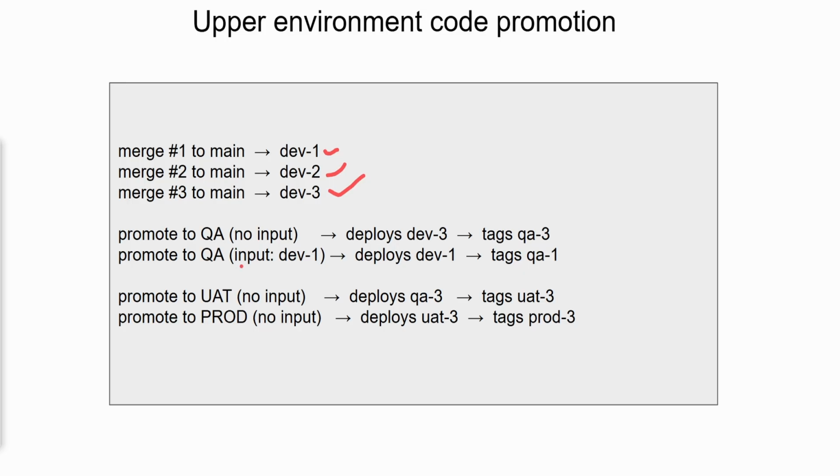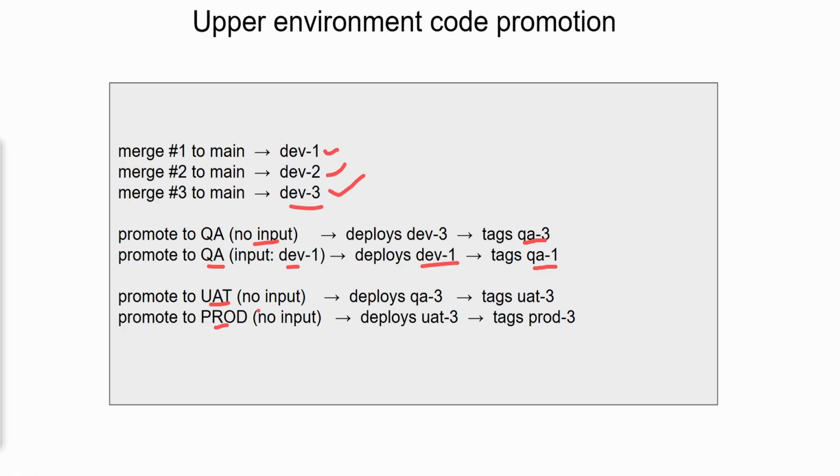If we put a specific tag, for example, dev 1 we want to deploy, then QA will deploy the dev 1 version of the code, and in QA we will have a QA tag, QA1. If we don't put any tag, it will always go for the latest one. So the latest tag will be deployed. Similarly, our UAT environment will be dependent on QA and our production will be dependent on UAT.